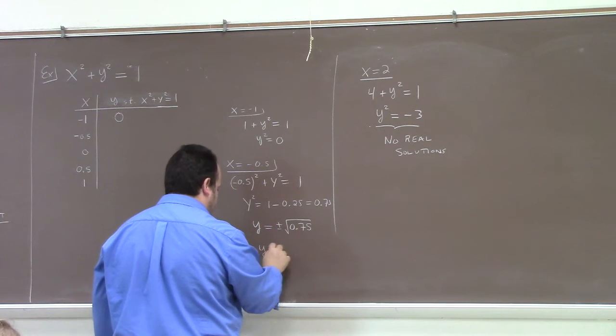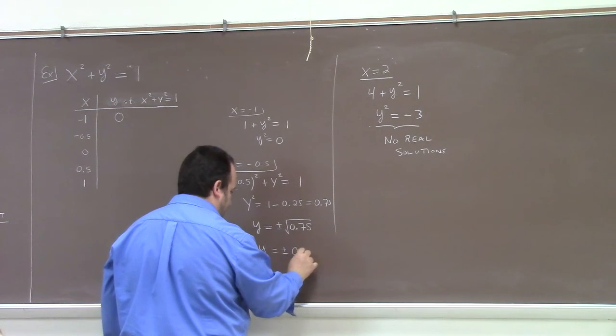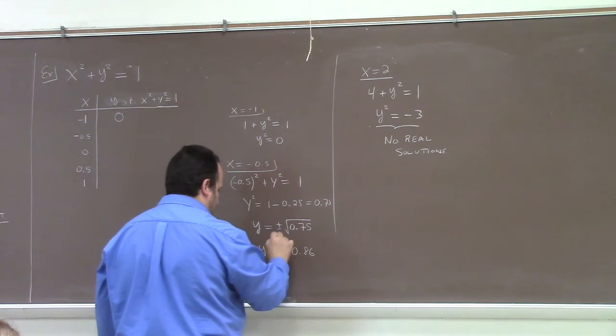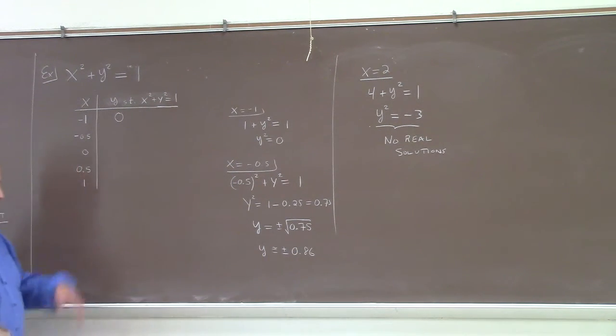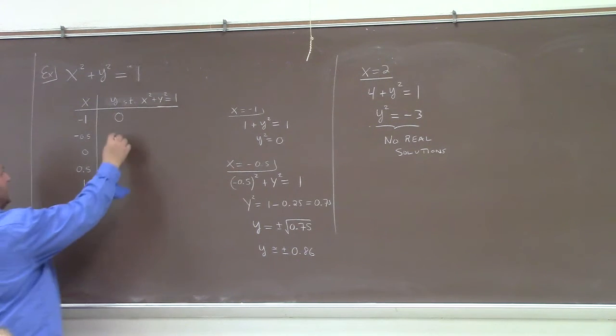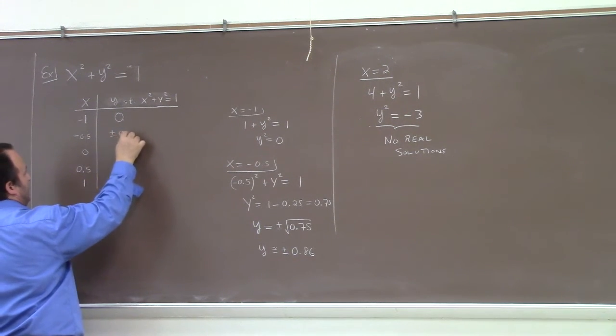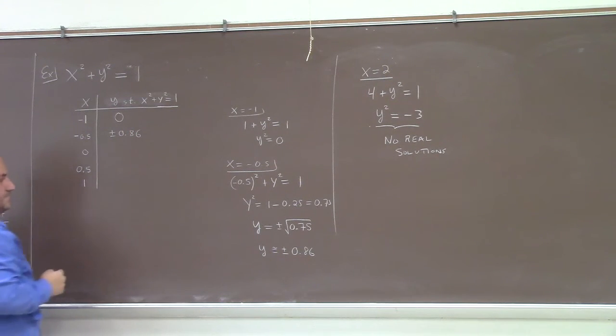In other words, y is approximately plus or minus 0.86. Everybody knows that the square root of 0.75 is about 0.86, right? That's a joke. I just know it because I did it yesterday.